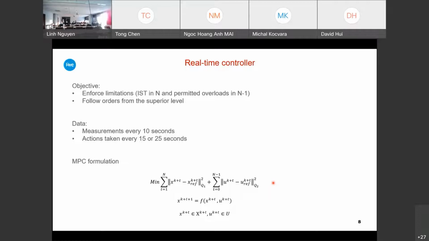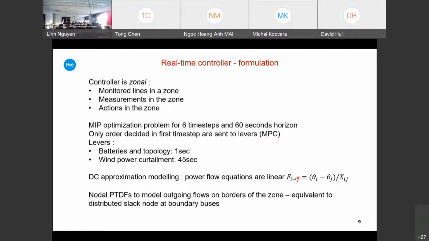But we send the order only for the first time step. So if we have to send a wind farm curtailment order, it's 45 seconds in advance. If it's for a battery or for line opening, it's immediate action. So it's totally zonal, as I say.